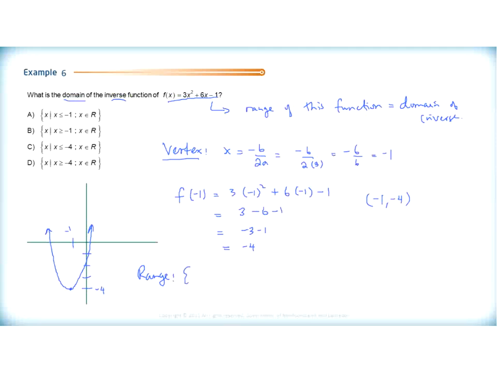So the range of this function is going to be y such that y is greater than or equal to -4. So the domain of the inverse is simply going to be x such that x is greater than or equal to -4. Because it's domain, we've got to consider the x values. The answer is D.